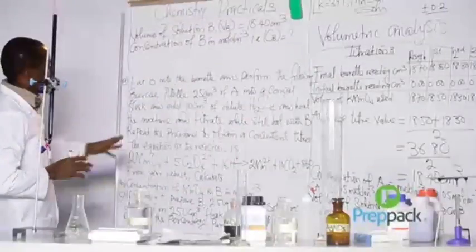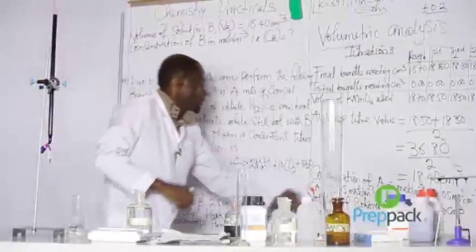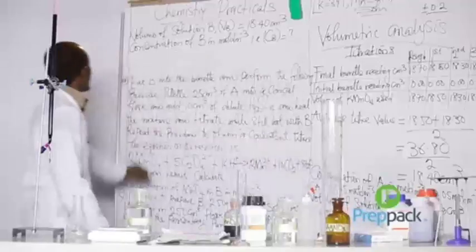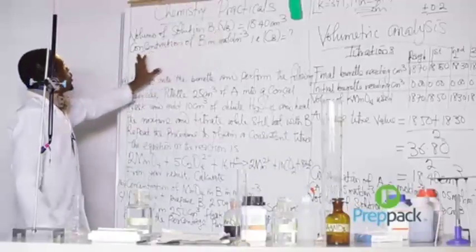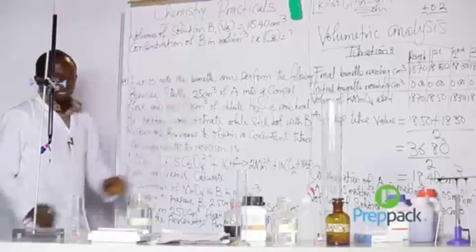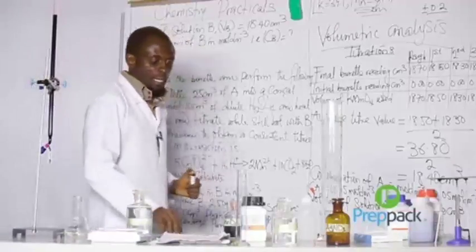So for the fact that we've gotten our CA, we've gotten our VA, we've gotten our VB, we are looking for our CB. There is a formula called Cavanagh.